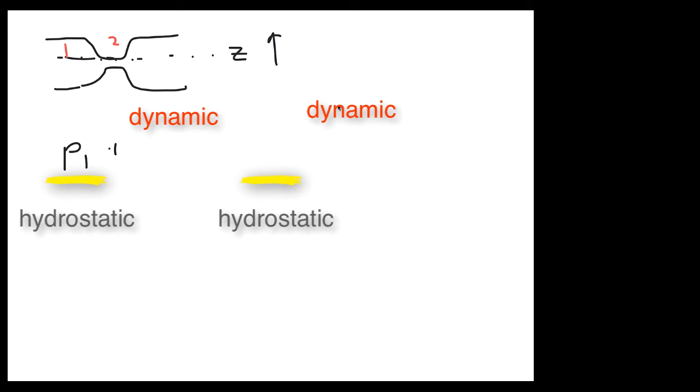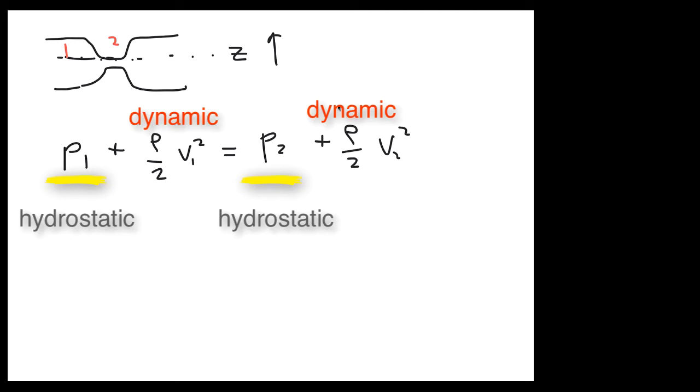So the Bernoulli equation we know is, in this case, since our situation has no altitude change, so this is all the same z dimension here, our equation is going to be pressure at point 1 plus rho over 2 v1 squared equals pressure at point 2 plus rho over 2 v2 squared.